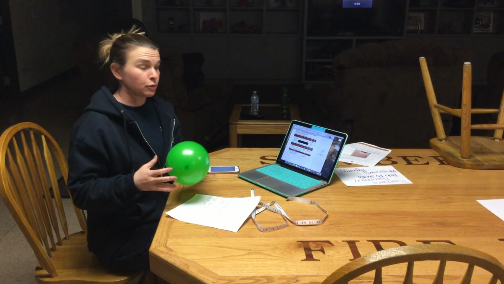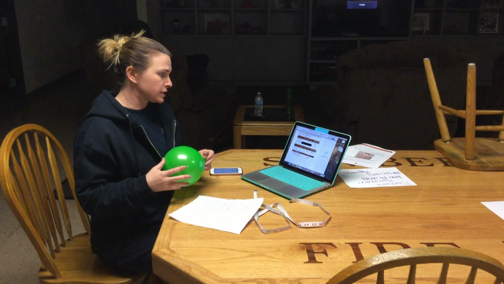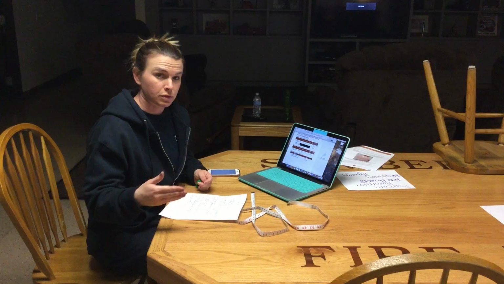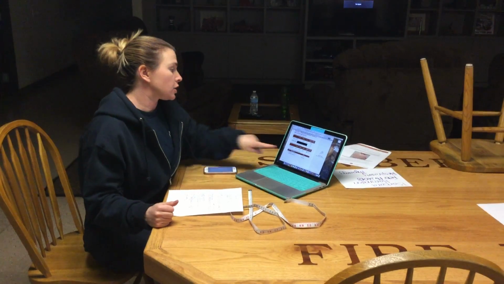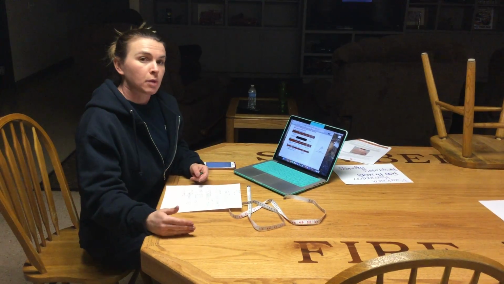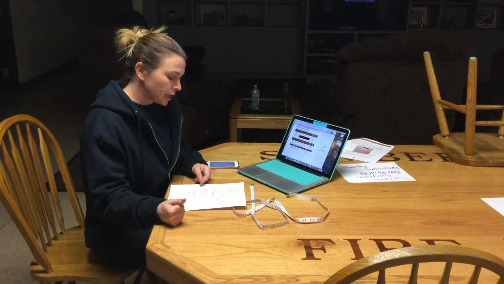Then to get the radius with our circumference, we took our average, because we did this 3 times. We took our average of our circumference during our 3 trials. We added them all up and divided them by 3.